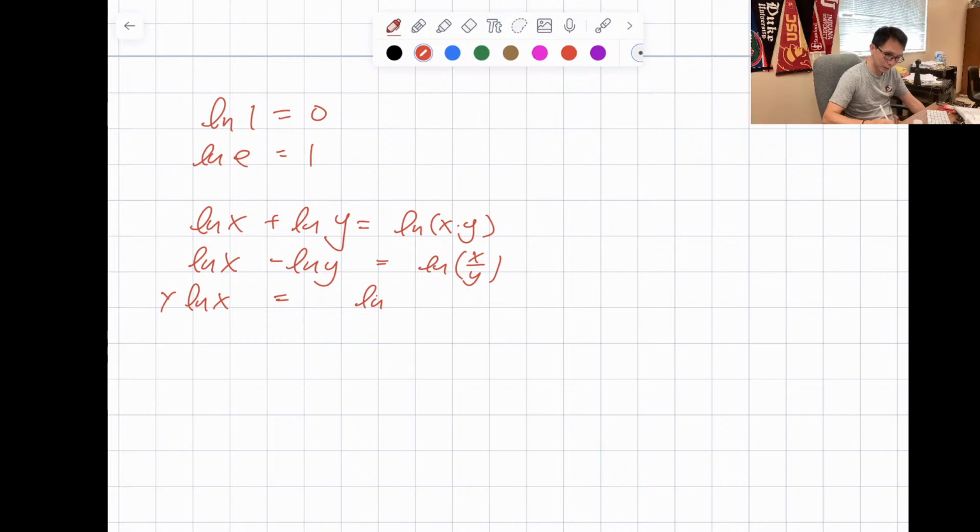So those are the three properties about logarithms. One more property that you commonly use is log base b of x is equal to natural log of x over natural log of b.